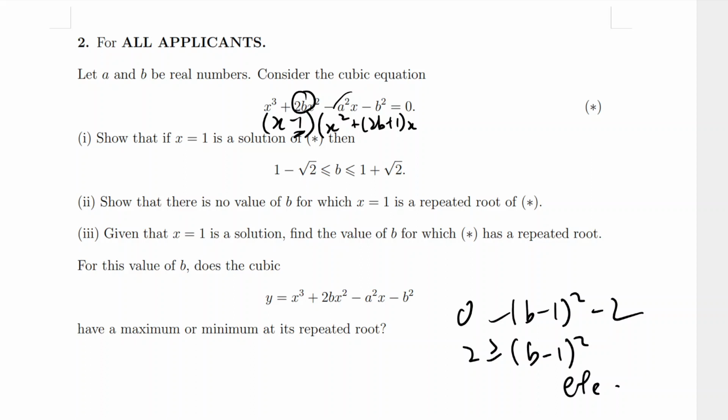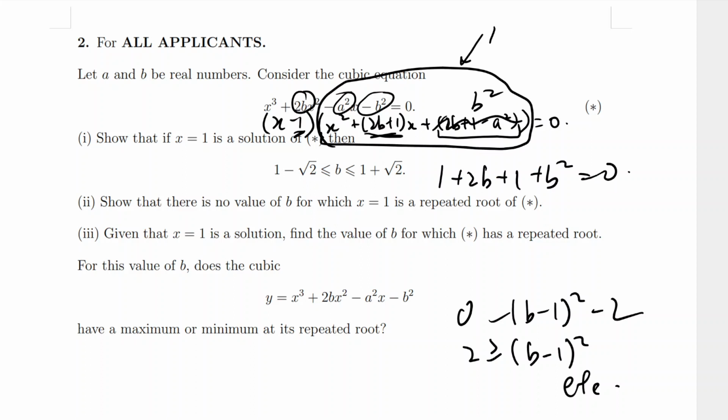Okay, now I need x equals 1 to be a repeated root. What does that mean? That means that this bit here has an x minus 1 factor as well. Let's try to chuck in 1. So if 1 is the solution to this thing, then I have 1 plus 2b plus 1 plus b squared equals 0.